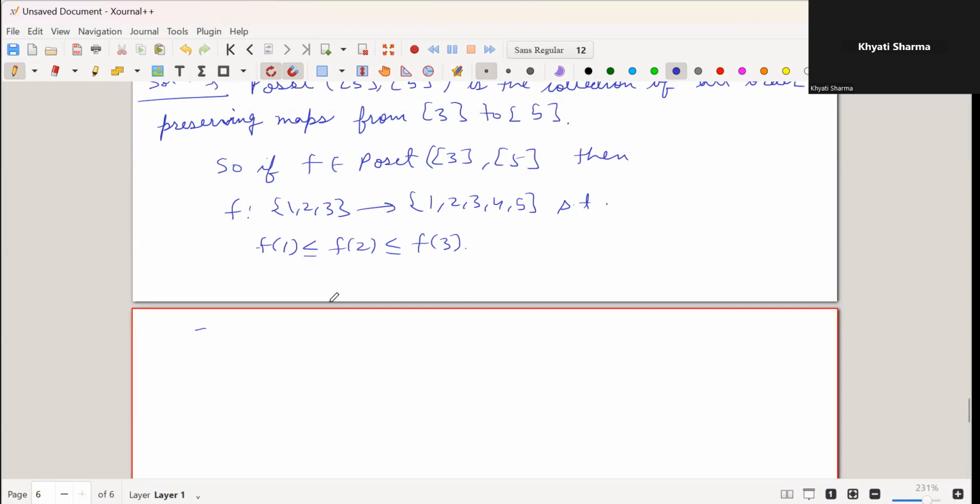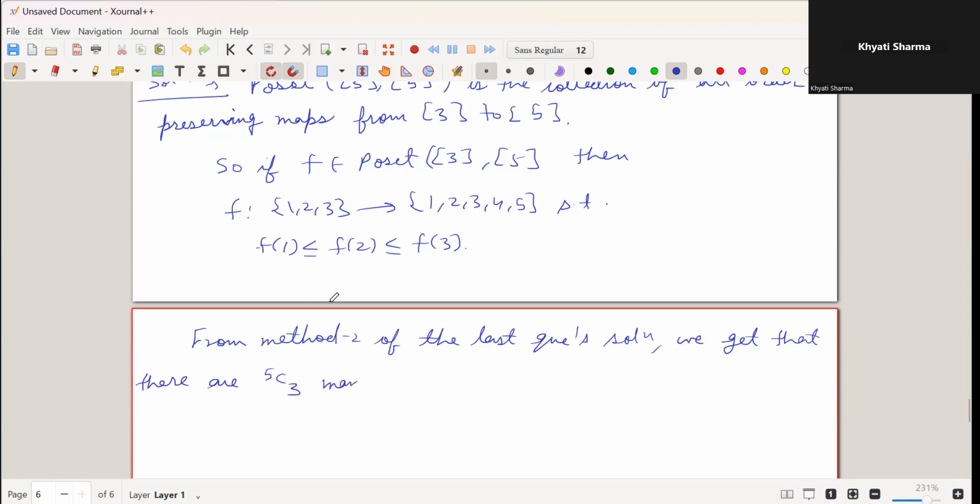From method 2 of the last question's solution, we get that there are 5C3 many choices for the range set of f.